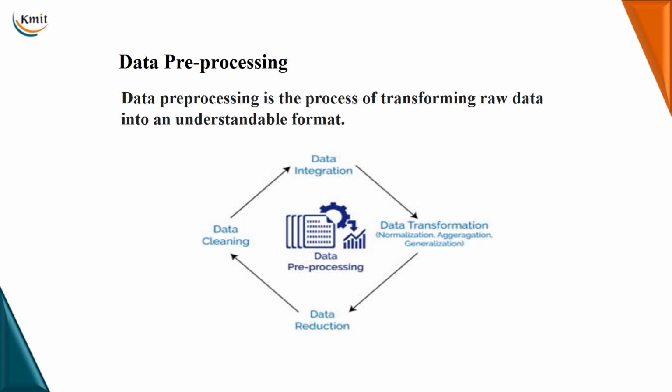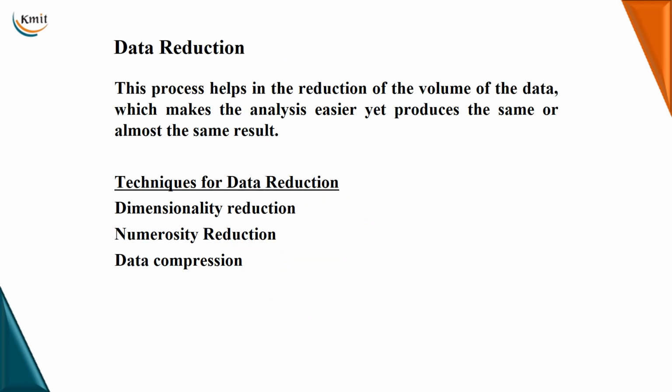See, in the last class, we have done with this data pre-processing, and these are the four things we have gone through. Today, we have started with your data reduction. This process helps in the reduction of volume of the data, which makes the analysis easier, yet produces the same or almost the same result.